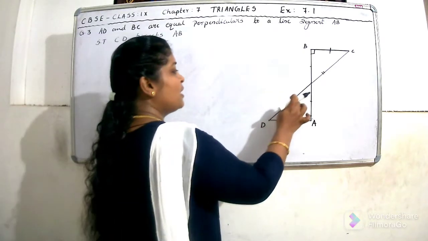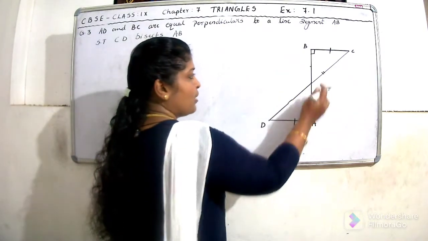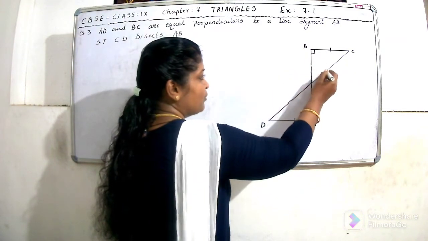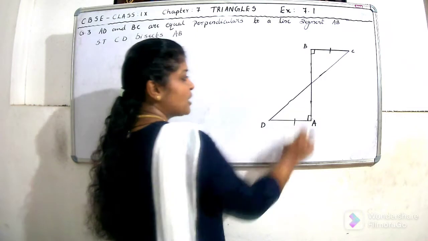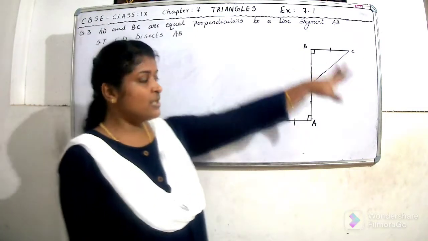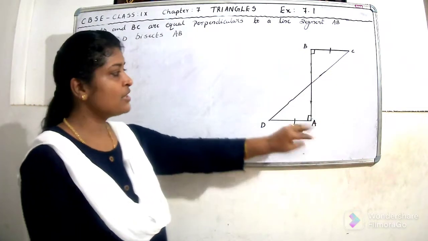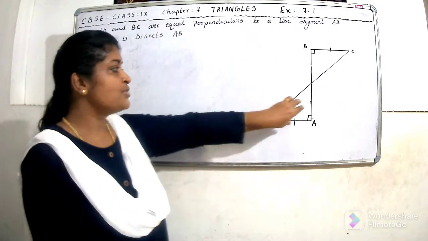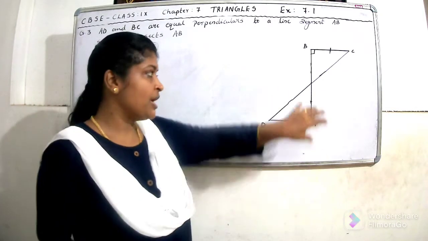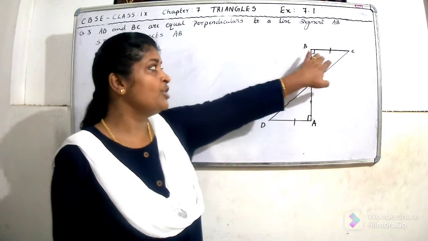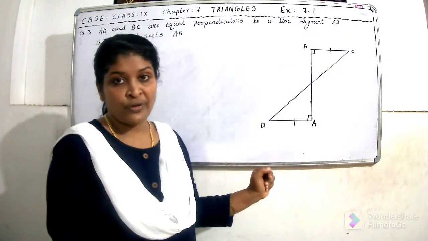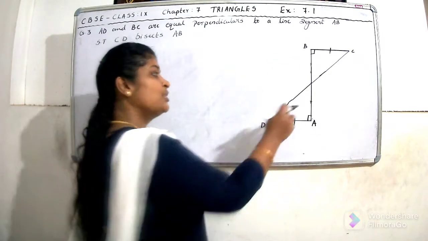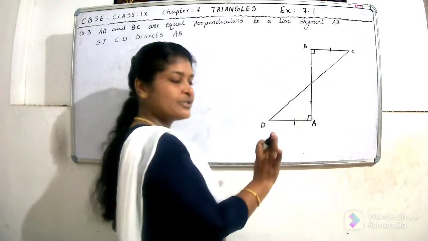Okay. Now what is the logic behind this? That is what we have to think. How can we prove it? These are the given statements. Now how will we reach the answer? First of all, I am just saying the logic. If we are able to prove these two triangles are congruent, then their other sides are also equal. Suppose these two triangles are congruent.